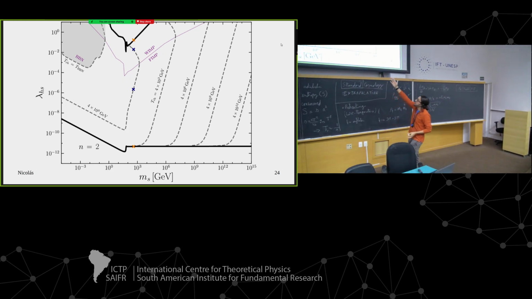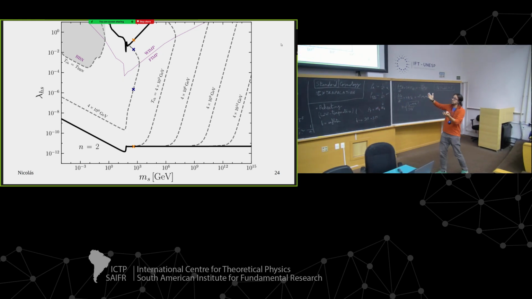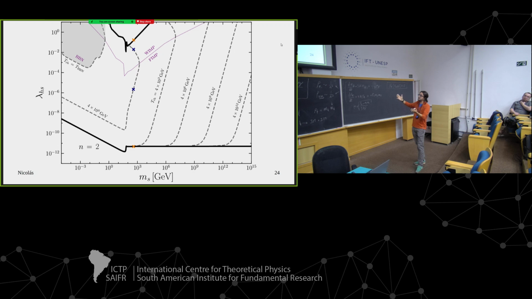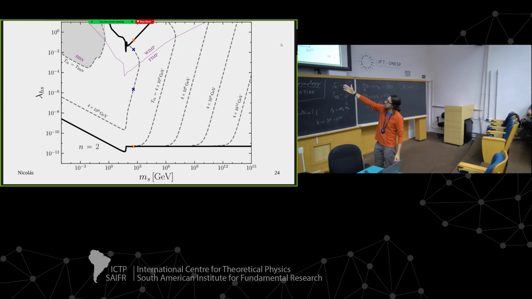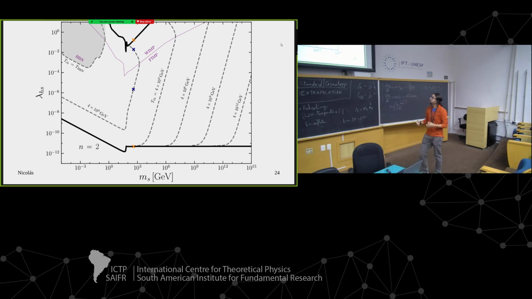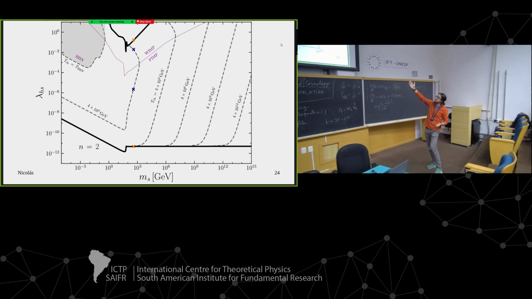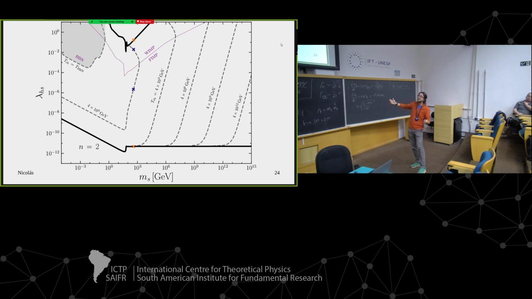And also see that the prediction, if you project the expectation in a typical particle physics plot, right? So couplings as a function of the mass, a big chunk of the parameter space that you originally thought was completely ruled out becomes viable. So this is good and bad. Good because you have a lot of freedom, but bad because we hate freedom, right?